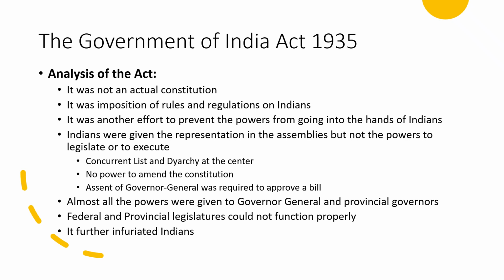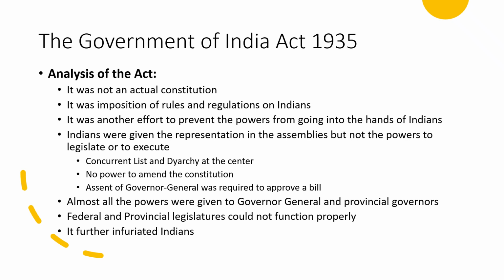It said, yes, we are giving representation to the Indians in the assemblies, but to counter this demand, the government snatched all the powers from the members of the assemblies. The power was given to the Governor General. And how did it snatch all the powers from the members of the assemblies?